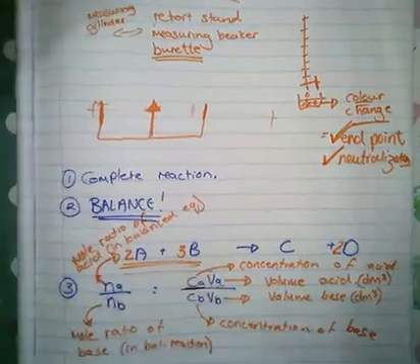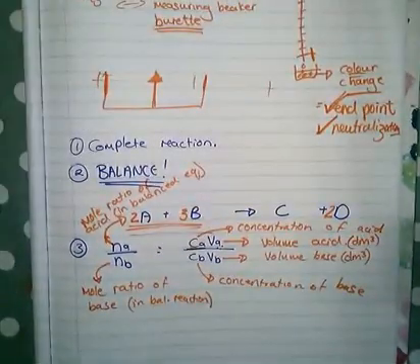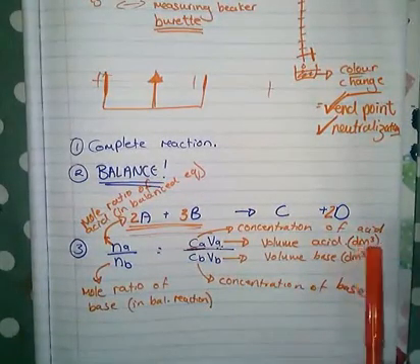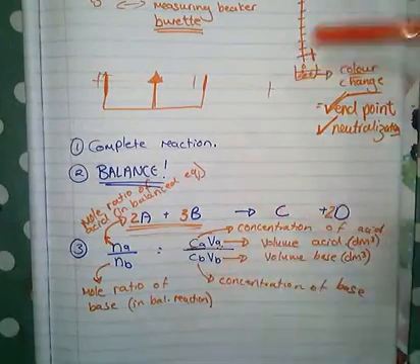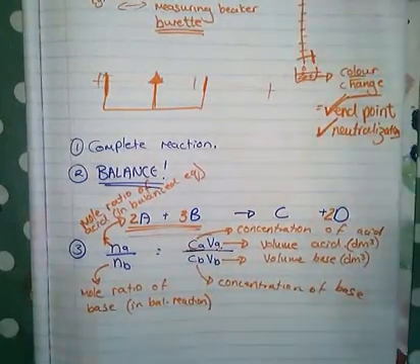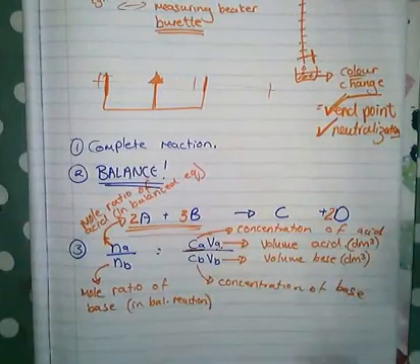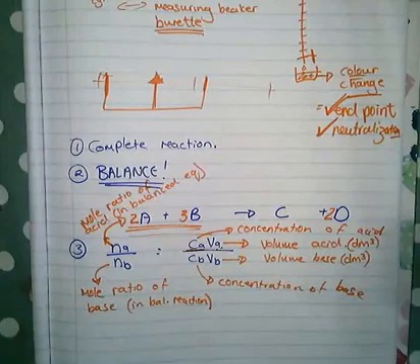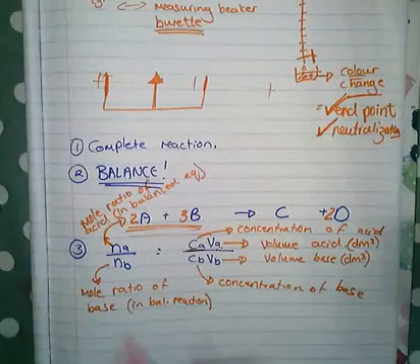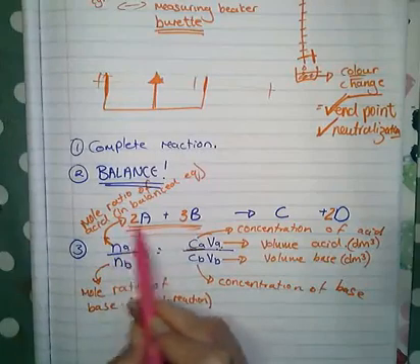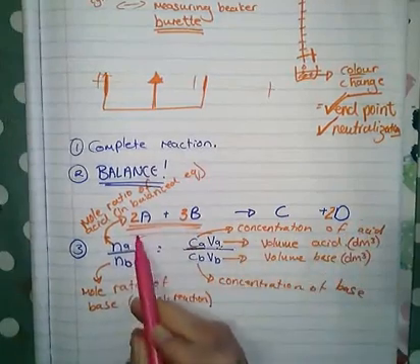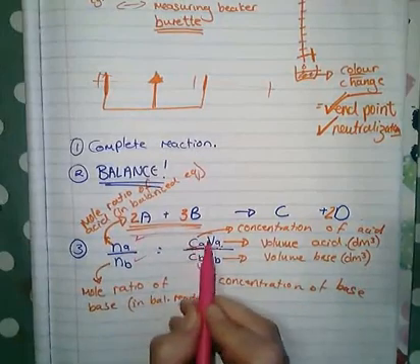Then you're going to have this from the balanced equation, and then one of these will be unknown. So you could also write this formula as NB over NA is equal to CBVB over CAVA. You see the difference? Yeah, A is at the top, yeah, B is at the top.